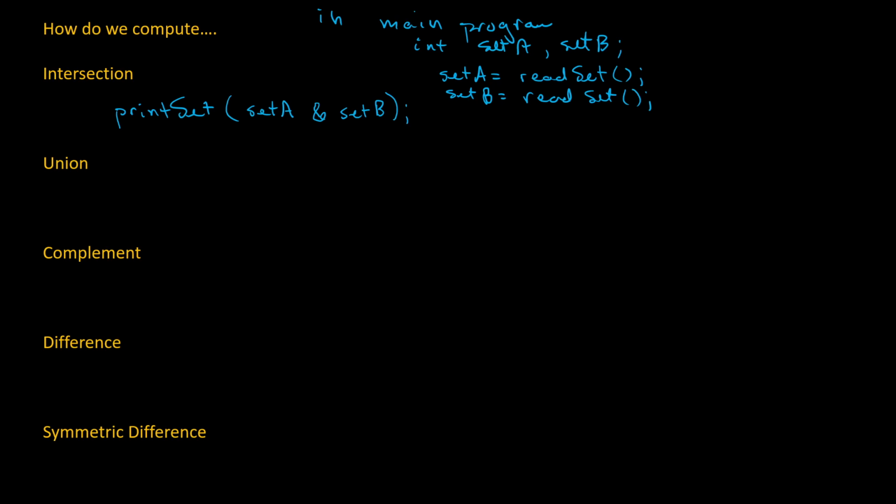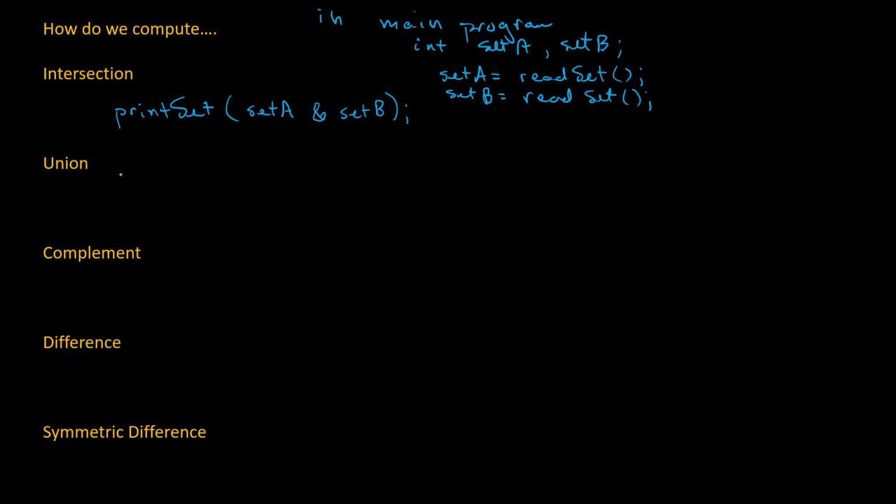I've now done my intersection. I use a bitwise and. It computes the result and sends that as the parameter to the print function. So I don't even have to declare a variable to store it. I just send that operation as the parameter value.